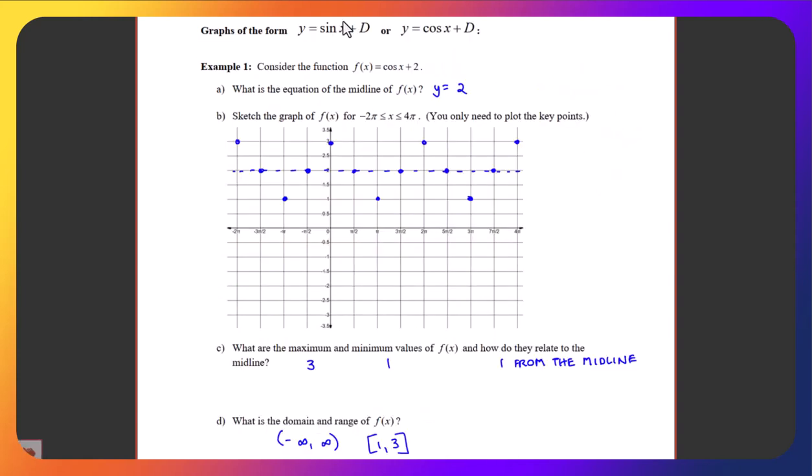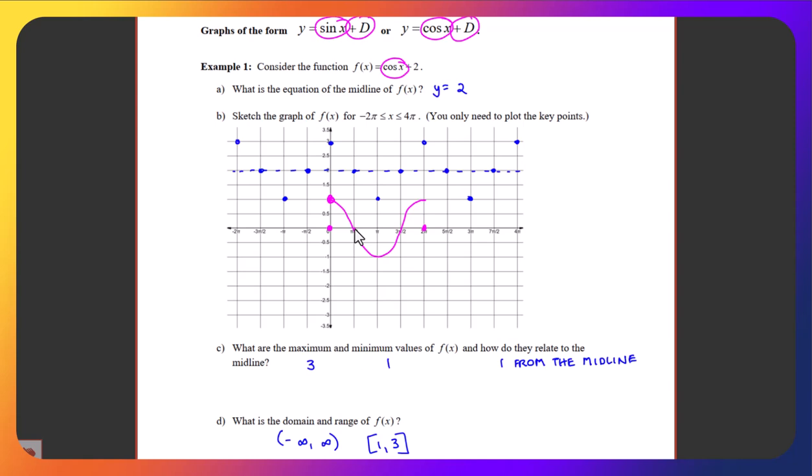And then once we have these parent functions, if we add to the end or subtract, we're going to shift the graph that much. And so if I take cosine, we have this graph here. So at 0 and at 2 pi it ends, but cosine starts high, goes down, and goes back up.